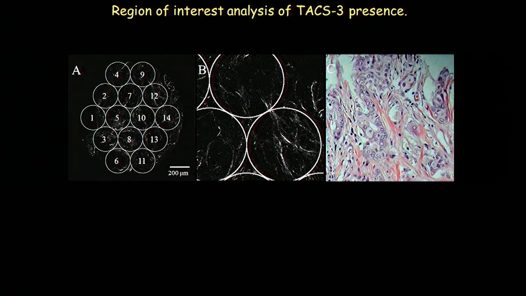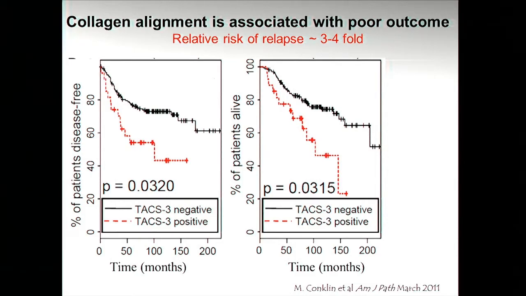We had 3 unsuspecting graduate students who thought they were going to do exciting stuff look at 14 regions of interest across 300 samples and say yes or no if there was one of those signatures. Then we totaled it all up and sent it to our biostatisticians who had all the outcome data. And what we found was quite remarkable.